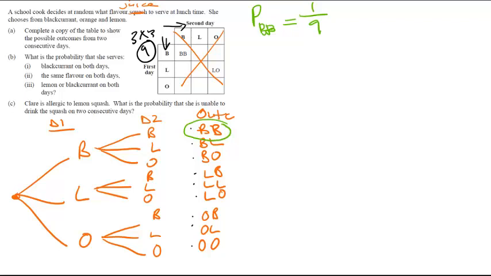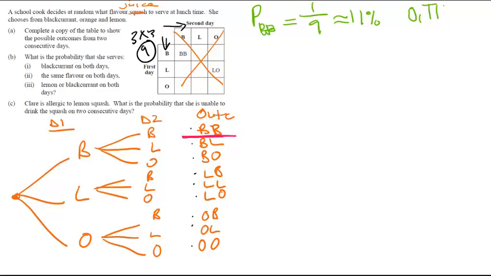1 out of 9 converts to 11% probability. Okay, or 0.11 recurring as a decimal. Next question is asking me, what is the probability of getting the same flavor on both days? So not just blackcurrant, but in doubles.